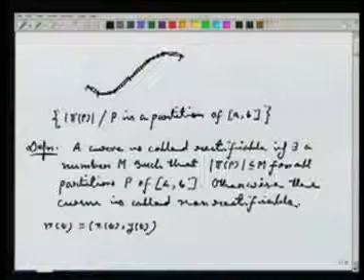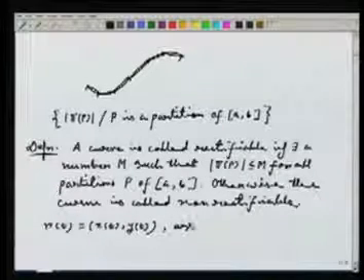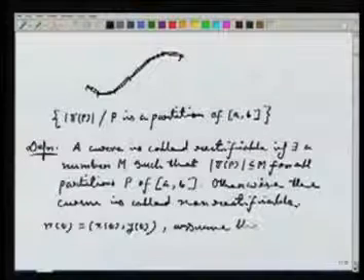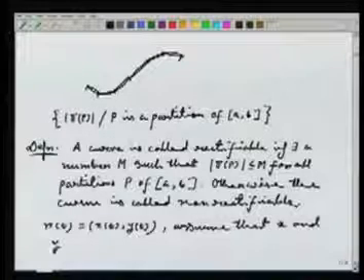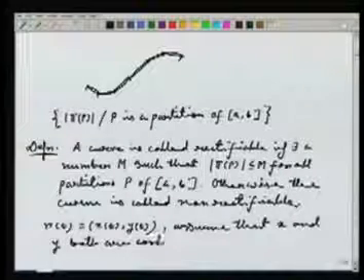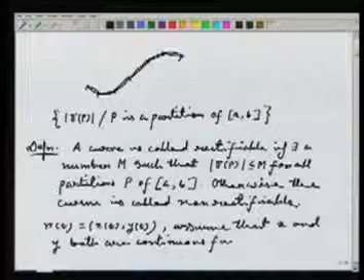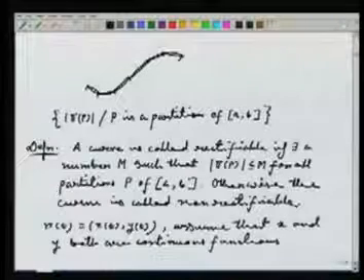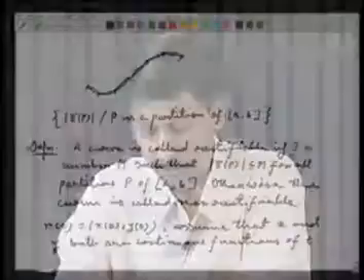These are the good curves I would like to deal with because I don't want to face some weird curves. Assume that x and y both are continuous functions of t. So whenever we talk about curves, we mean these continuous curves. That is, the x component and y component both are continuous functions.